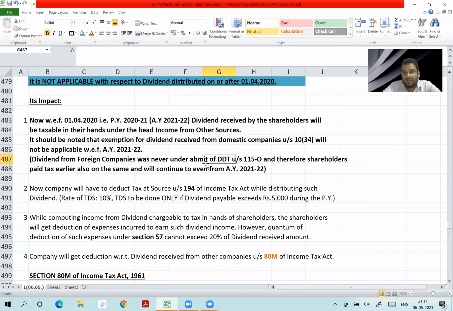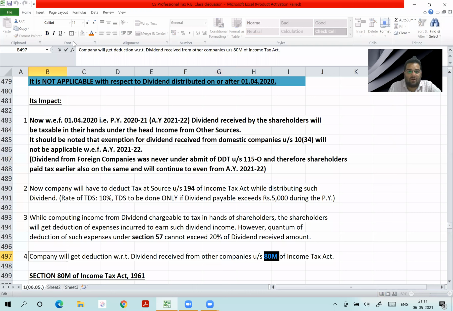Getting the point? So did 80M have any importance before this amendment? Answer is no. This section 80M has become important and has come into emergence, I would say, only because of this particular amendment.